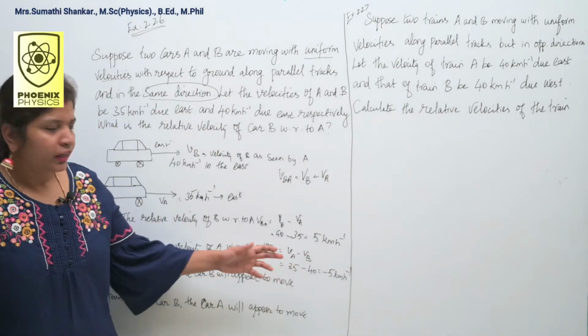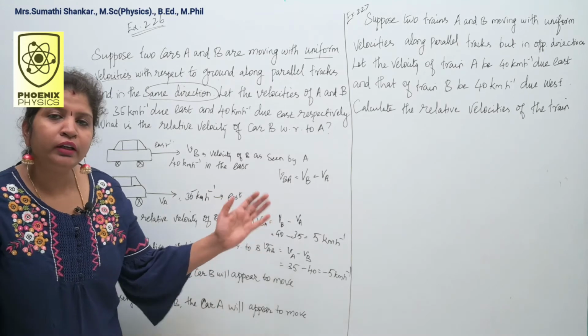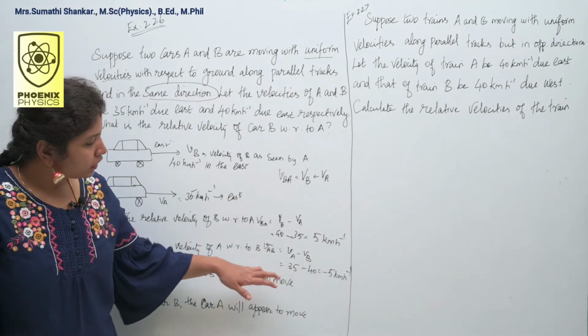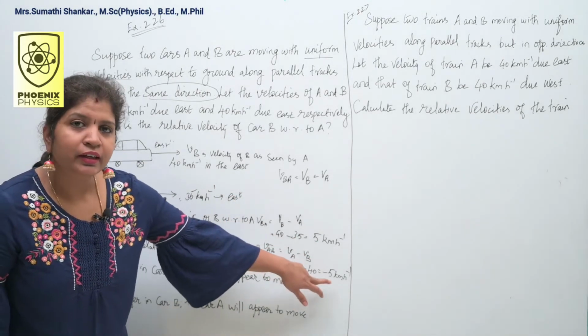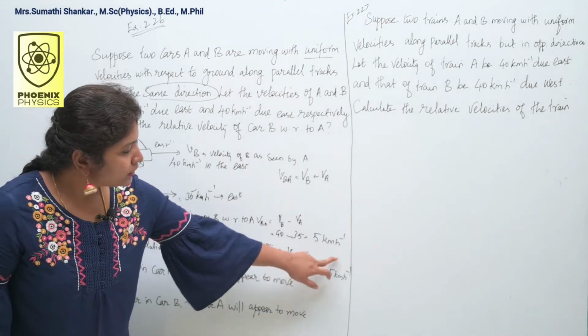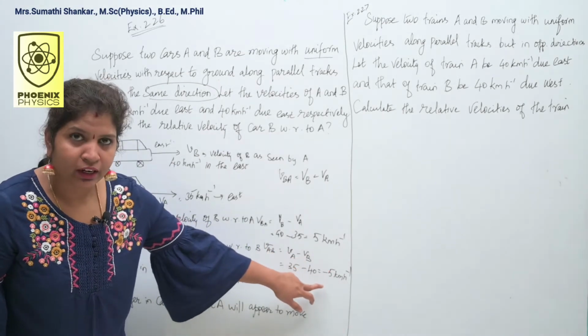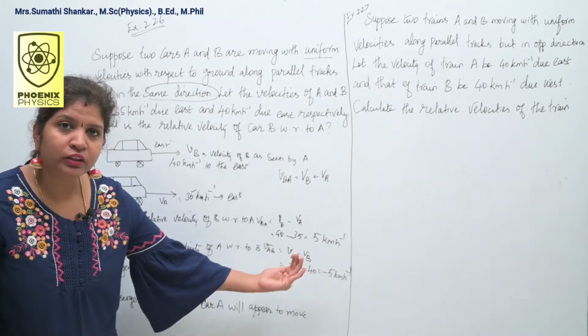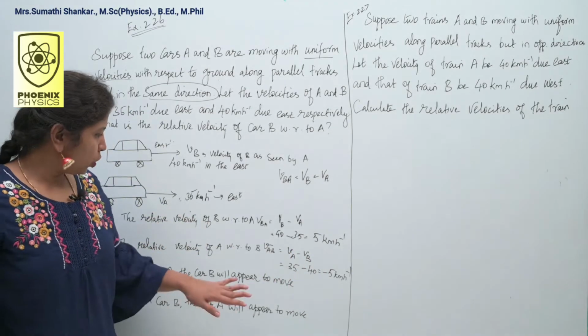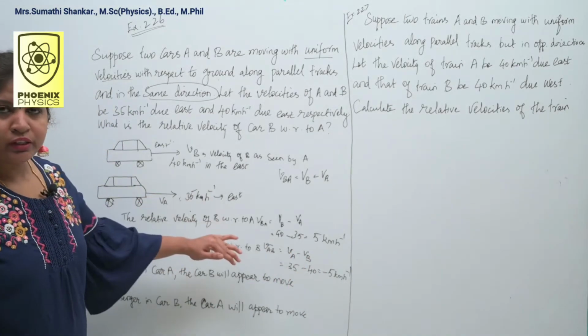You know that here we are calculating only the magnitude, but we got the answer as negative. So this negative sign indicates the car moves in the opposite direction. So what is your conclusion here?